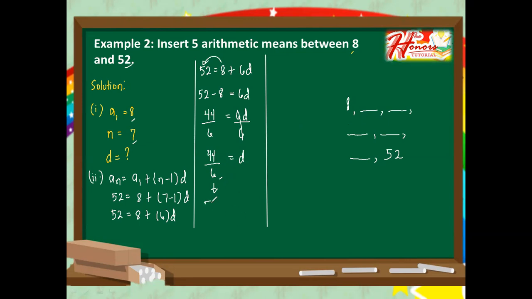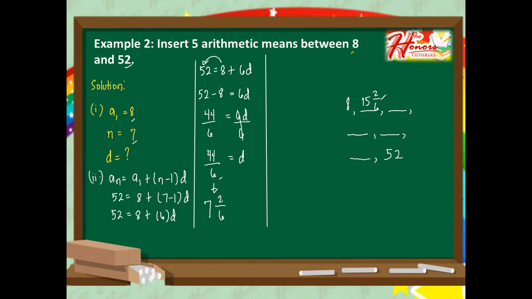So let's write 7 here. And 2 over 6. So we have here 7 and 2 over 6 plus 8. That is 15 and 2 over 6.